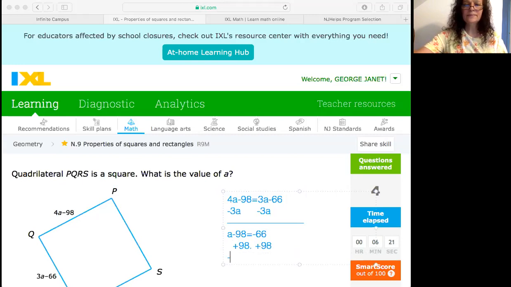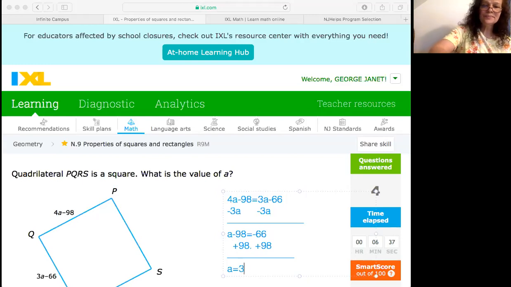All right. So a equals negative 66 plus 98, which is 98 minus 66, which is 32. So a is 32.